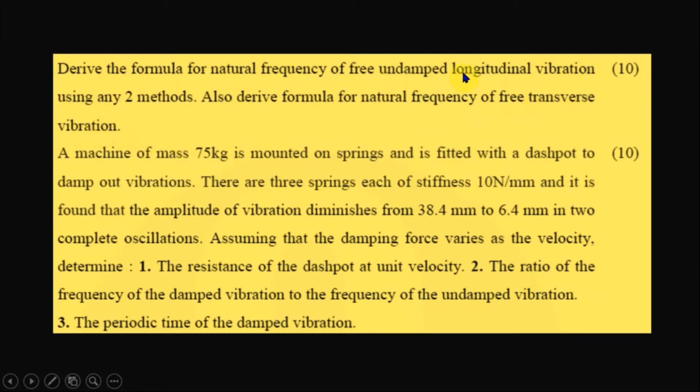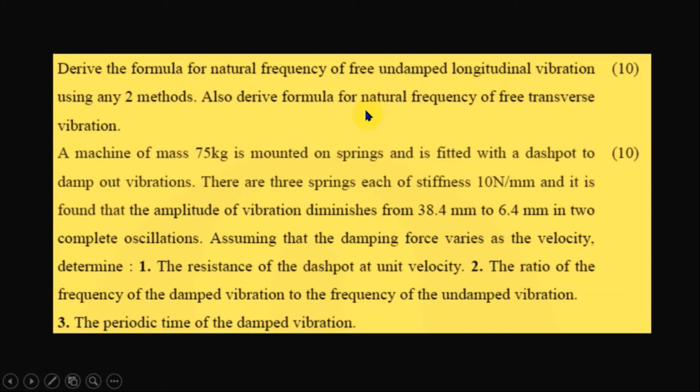In the case of longitudinal vibration, as in the case of a single spring mass system, you can get the natural frequency omega n is equal to root of k by m, where k is the stiffness of the spring in Newton per meter and m is the mass of the vibrating body attached to the spring.